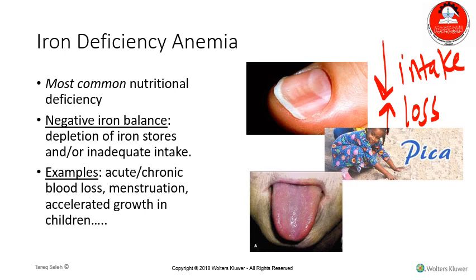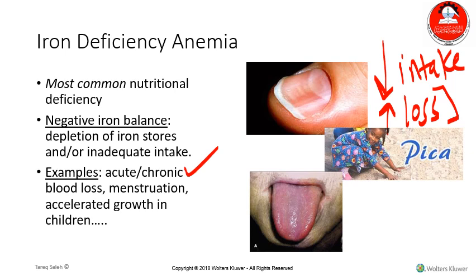This imbalance can result from a variety of reasons, including acute or chronic blood loss, okay, because with bleeding, for example, you will lose a large quantity of RBCs harboring lots of hemoglobin, which contains lots of iron. This is one of the places where iron is stored in the body. So this goes under increased loss.